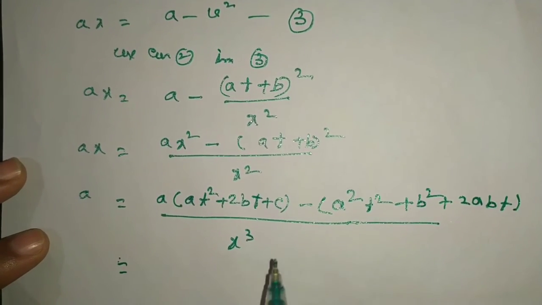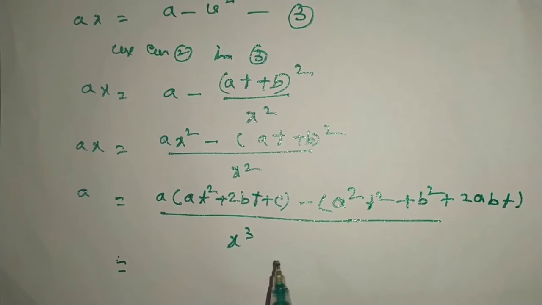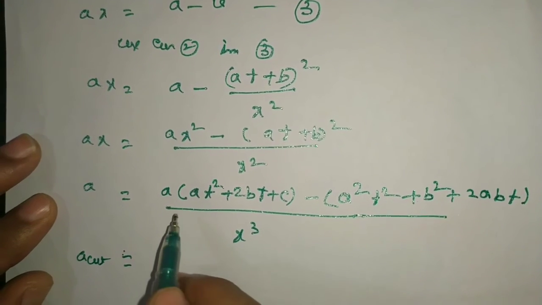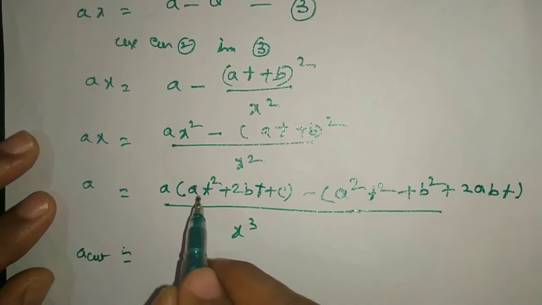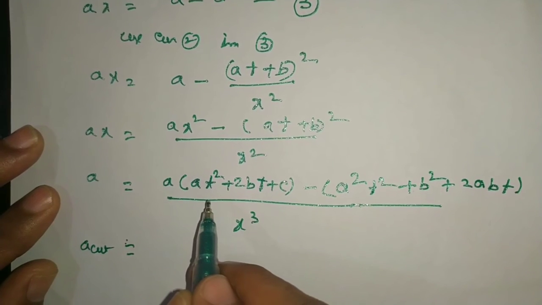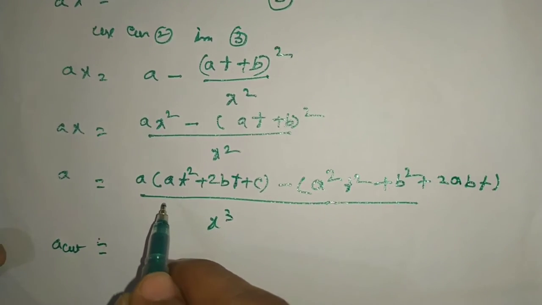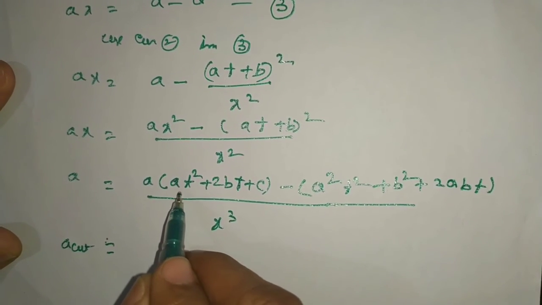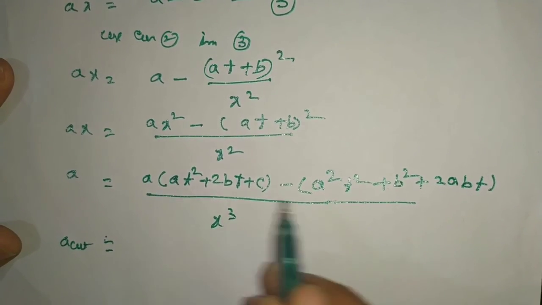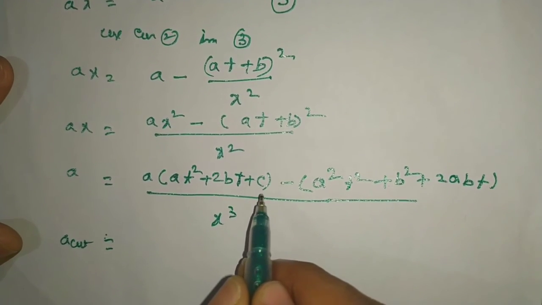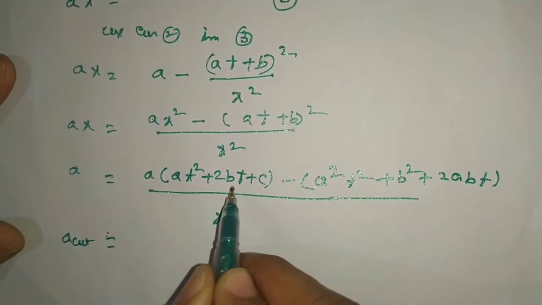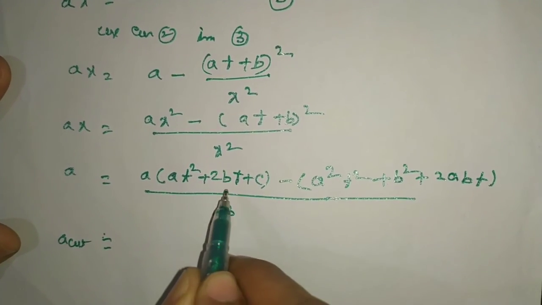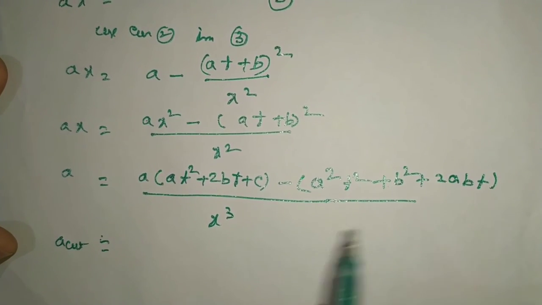Simplifying the numerator, a square t square cancels, and 2abt and minus 2abt cancel each other.